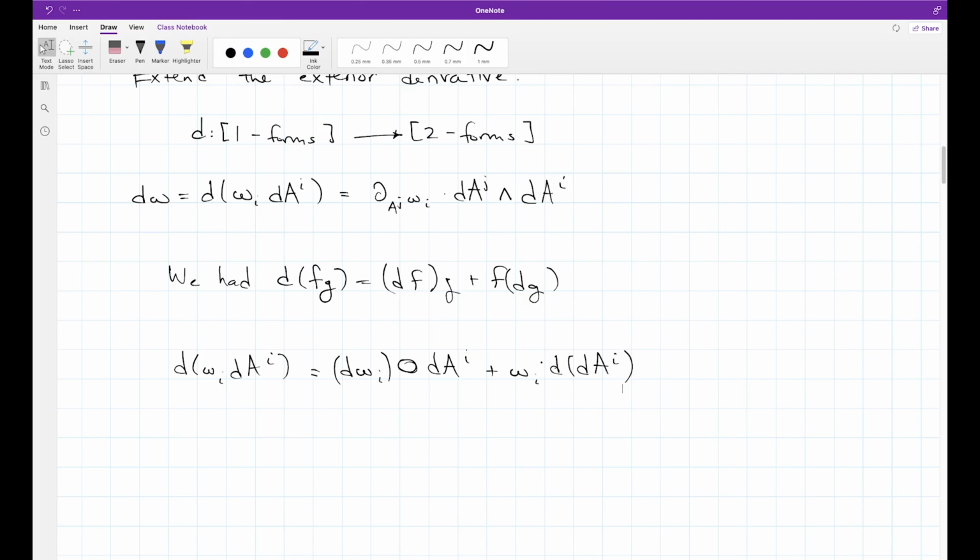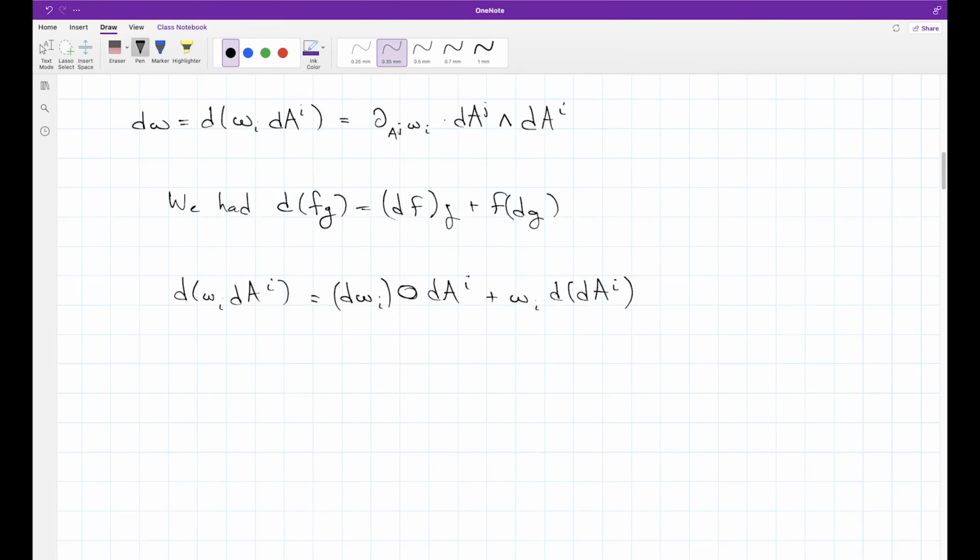Okay, so we need two sort of rules in order to fix this. First, we need to know what's going to go in here. And second, we need to know what this object is. The answer to what goes in here is that it's the only multiplication operator that we have that acts on two one forms. Remember that because omega_i is just the coefficient, it's a function. And so d omega_i is a one form.